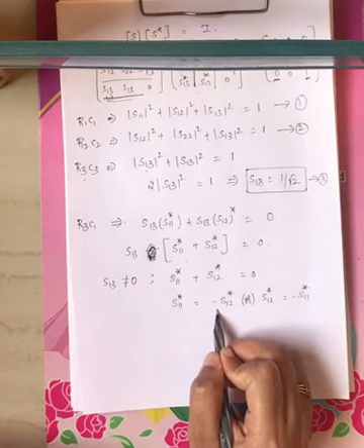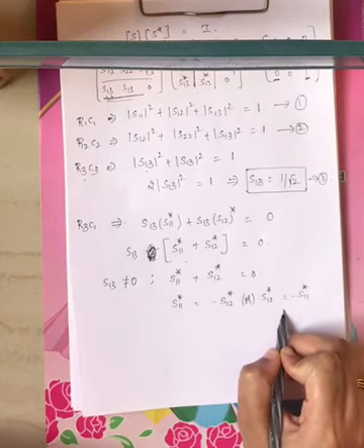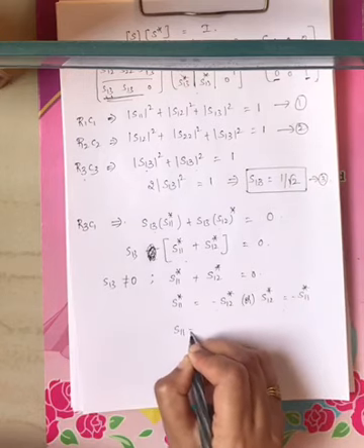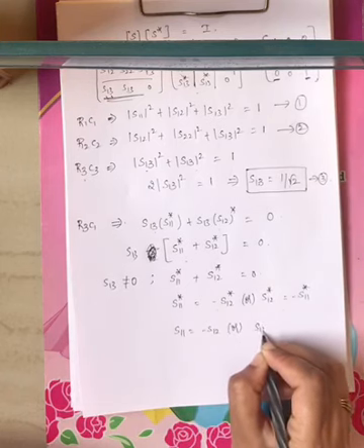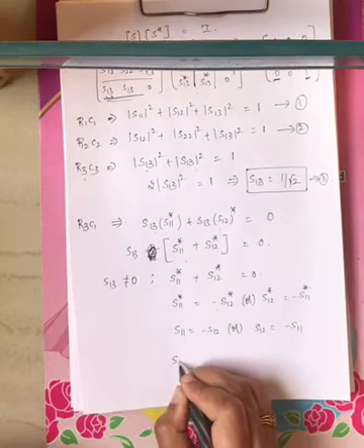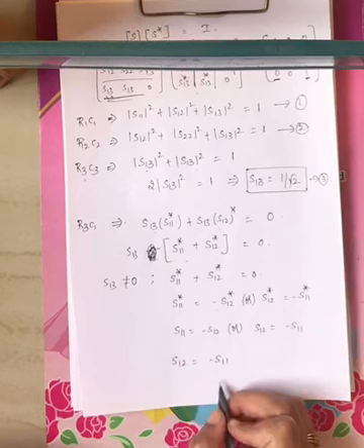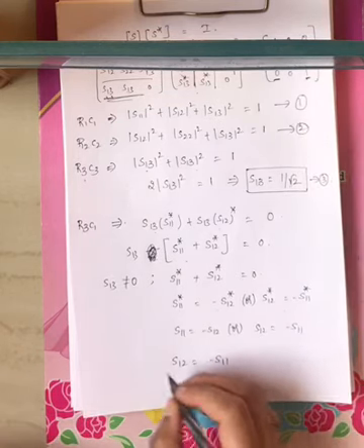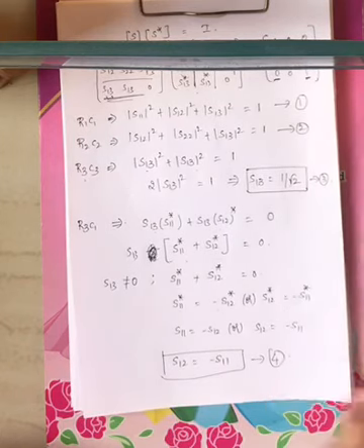Nothing but S11 equals minus S12, or S12 equals minus S11. Now S12 equals minus S11, from this expression we got it. Now represent it as equation number 4, right?